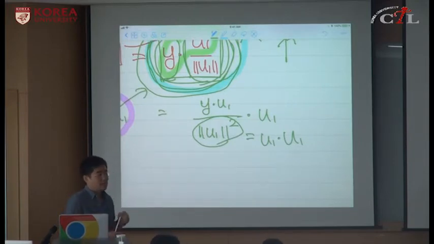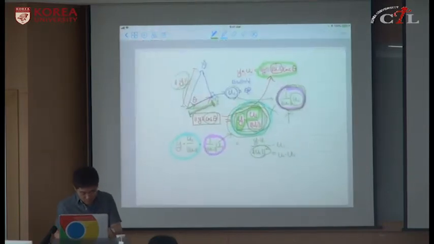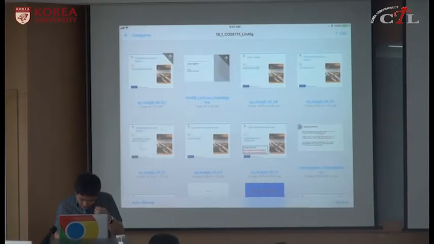So I just wanted to show another way of deriving this orthogonal projection. Initially, if you remember how we obtained this formula, it was in this and the previous chapters.